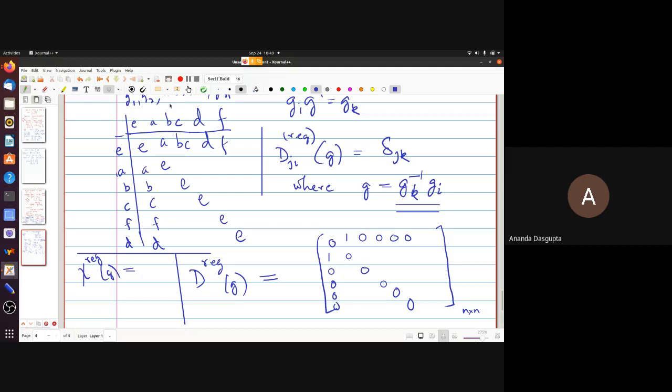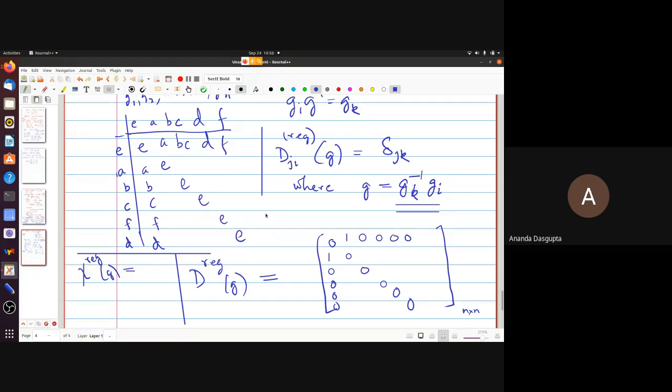If you look at the matrix, all you do is take a look at the multiplication table, and wherever the group element A appears in the multiplication table, you replace it by 1. Only one thing appears on the diagonal in the multiplication table, which is the identity, right?